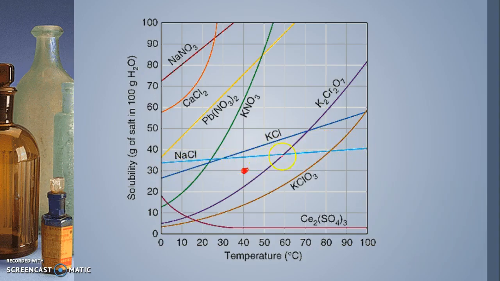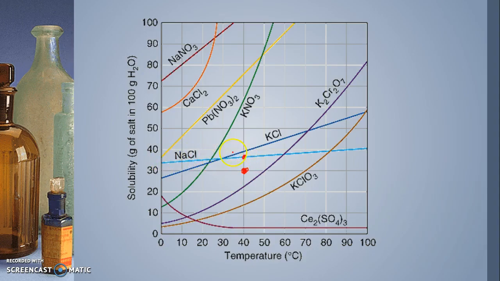If I have 30 grams of NaCl and 100 grams of water at 40 degrees Celsius, right here on this line where my red dot is right now, this is how much NaCl should dissolve in 100 grams of water at 40 degrees Celsius. If you read over to the left, that's probably about 38 grams.